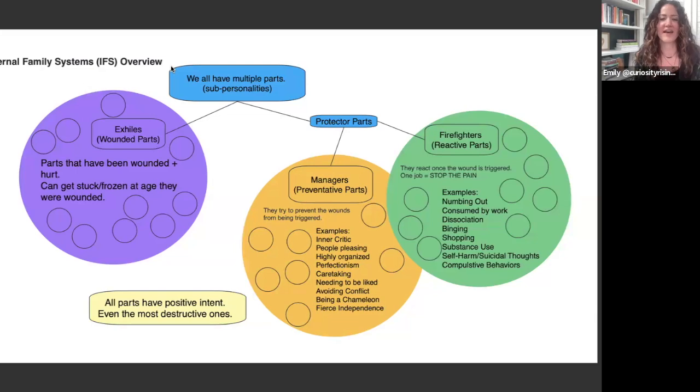Now, counter to that are our firefighters, and these are a different kind of protective part. These parts are often not reinforced by society. These parts are actually often shamed or demonized. But these parts have a very important role as well. While the managers are there to prevent pain from happening, to prevent that wound from ever being triggered, the firefighters show up in reaction to it, just like when the fire's there, the firefighters show up.